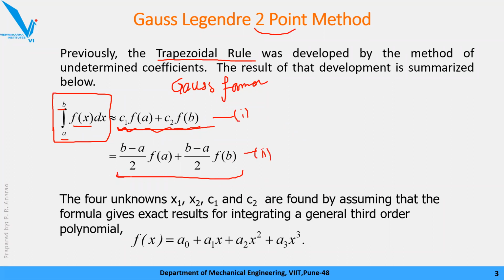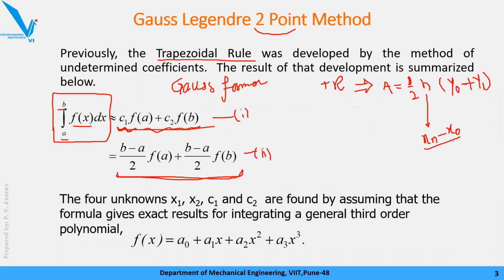This equation we have used, but the format was a little different. The format we saw earlier for the trapezoidal rule was, if you have a single segment, the formula for calculating the integration area is equal to 1 by 2 times h into (y0 plus y1). This formula we have seen for a single strip. Now for a single strip, what is h? h is (xn minus x0) divided by n, where n is the number of strips.